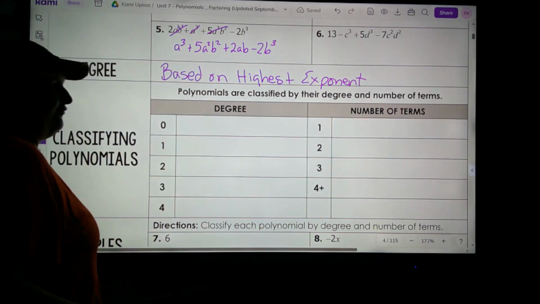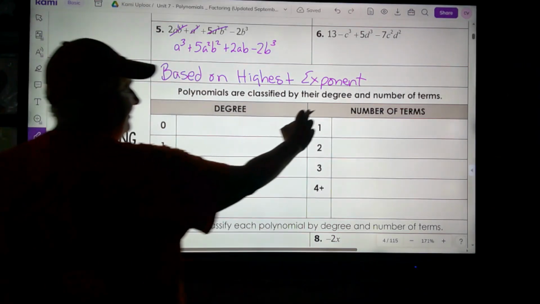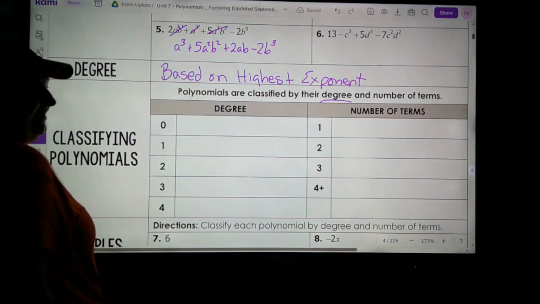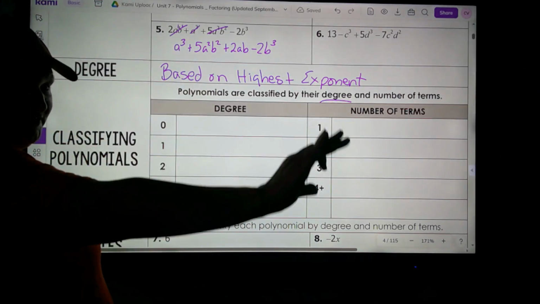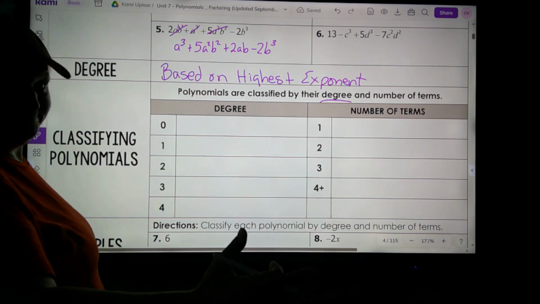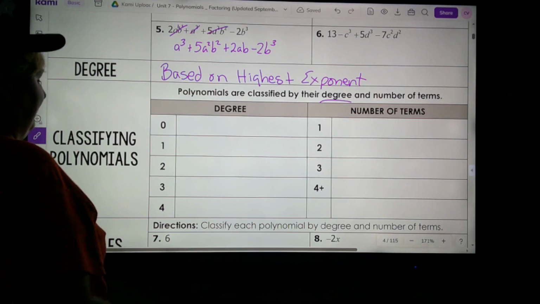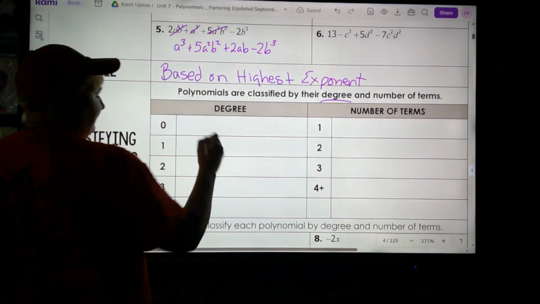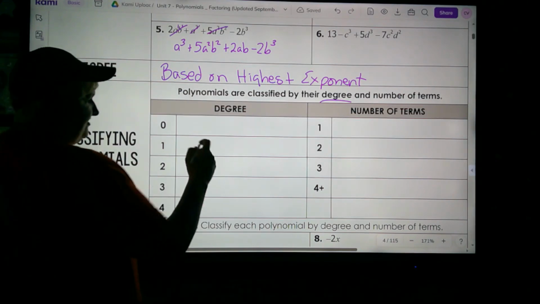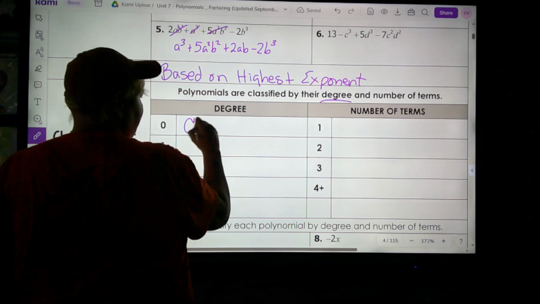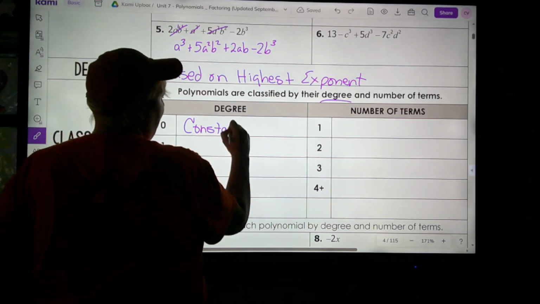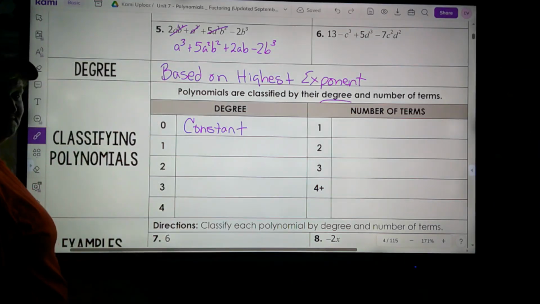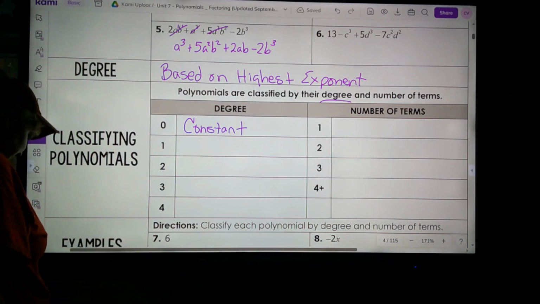So when you're classifying by degree, you're looking at the highest exponent of the whole expression. If it has a 0 exponent or no exponent, that's a constant. That's why it always comes last in standard form.